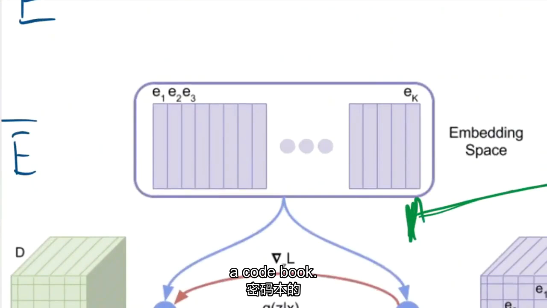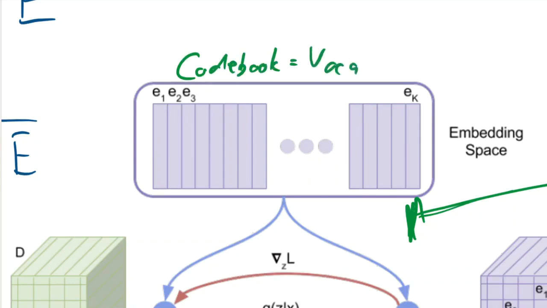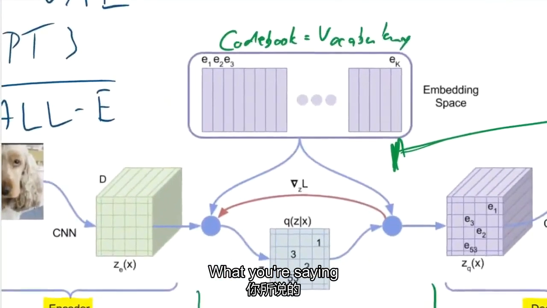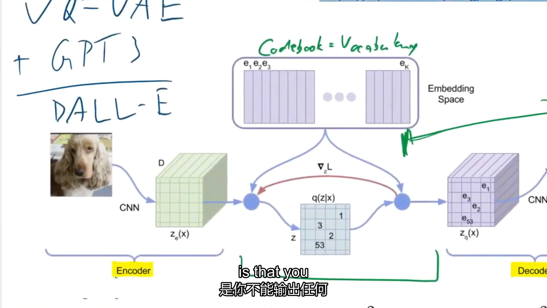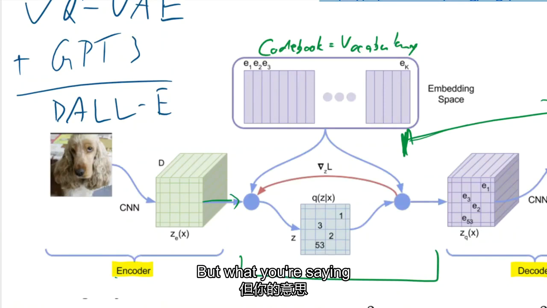It's also called a codebook. So the codebook is also the vocabulary. What you're saying is that you can't just output any latent encoding. The encoder outputs a continuous vector, but it has to be one of those.